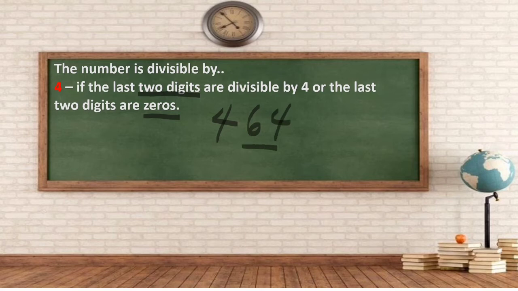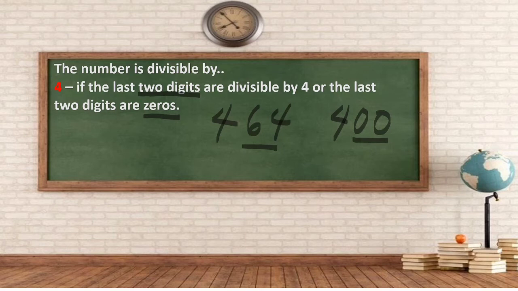The last two digits are divisible by 4. So this is divisible by 4. Or another example is 400. The last two digits are zeros. So this is divisible by 4.